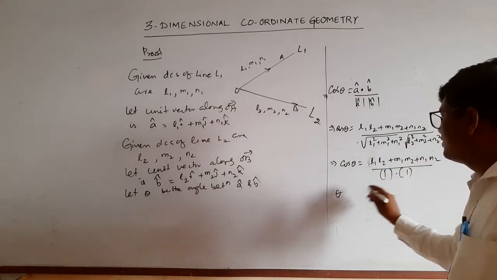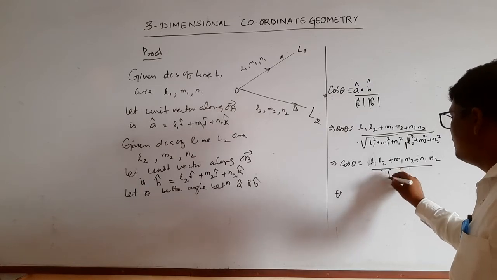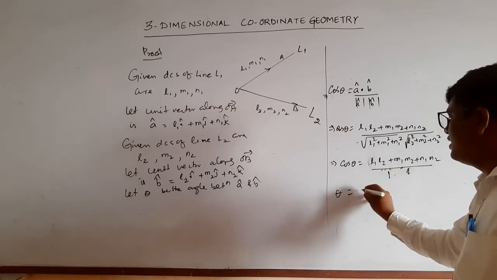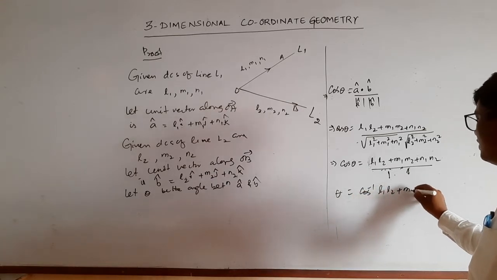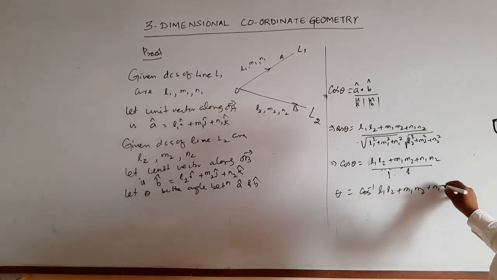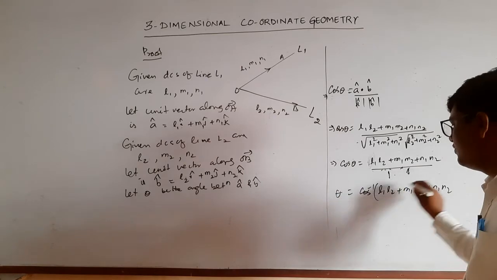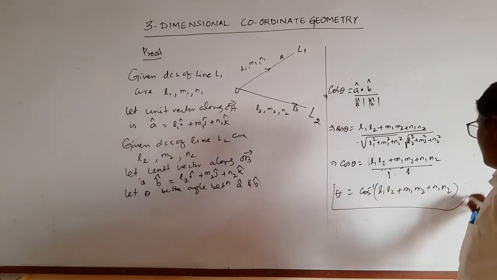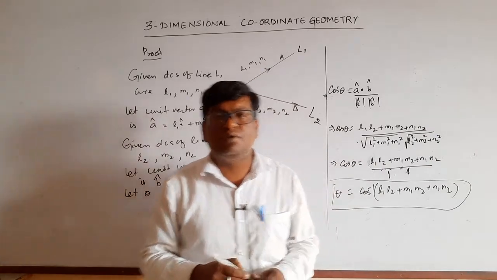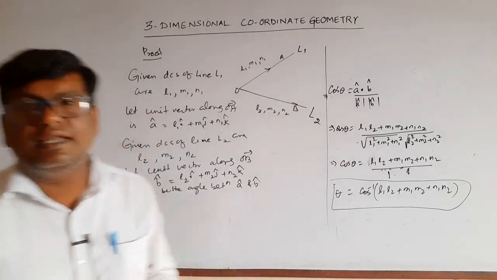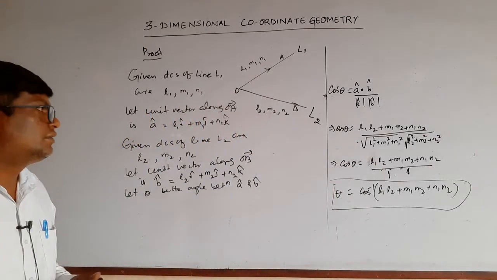So theta is equal to cos inverse of L1 L2 plus M1 M2 plus N1 N2. This is the formula for finding the angle between two lines.